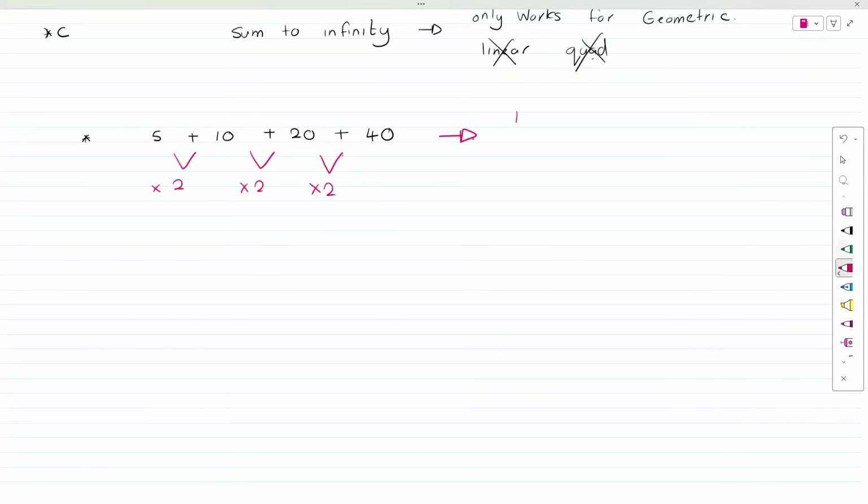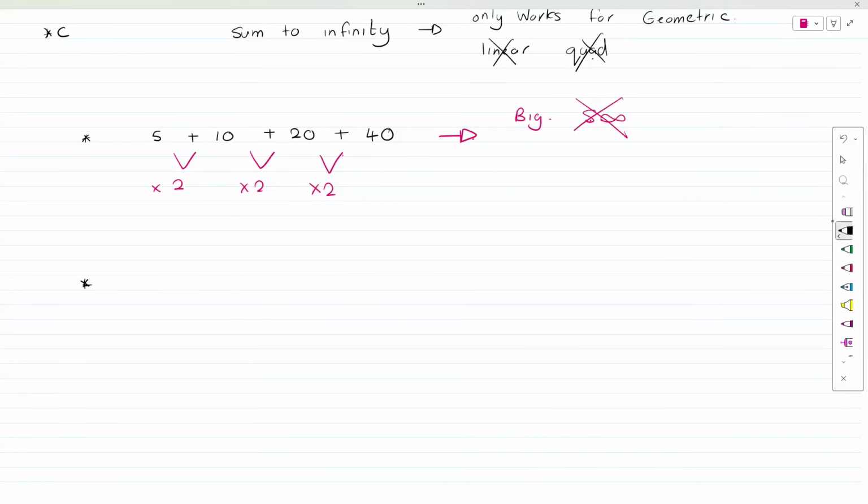If the pattern is getting bigger, the sum to infinity does not work. Okay, so if you see the pattern's getting bigger and bigger and bigger, like 5, 10, 20, 40, 80, 160, sum to infinity doesn't work, right?